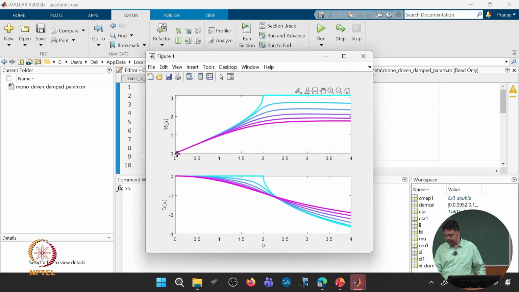Here the top part is the real portion of the wave number and the bottom part is the imaginary part of the wave number.